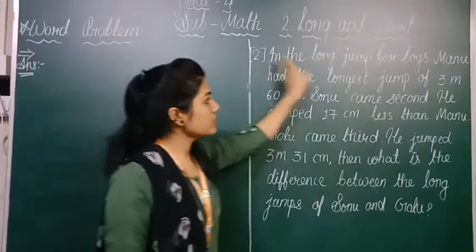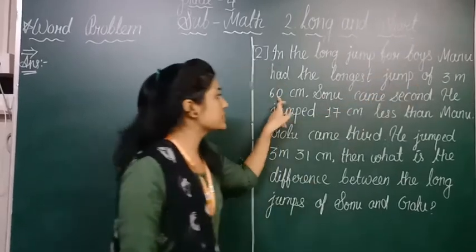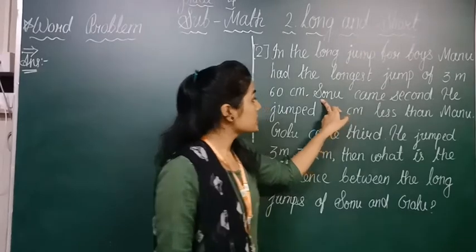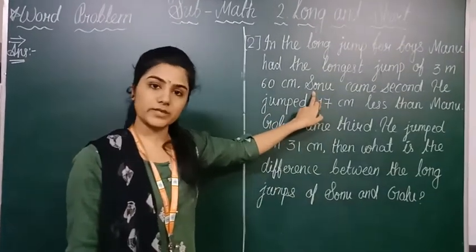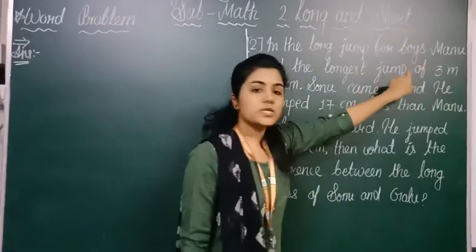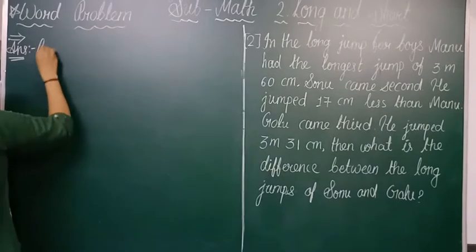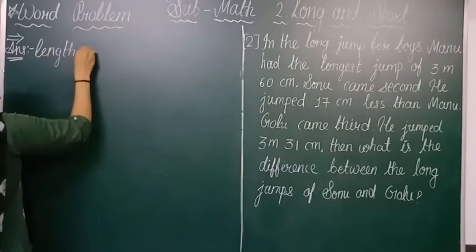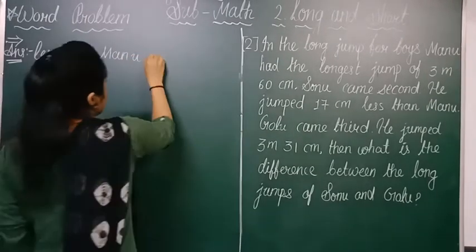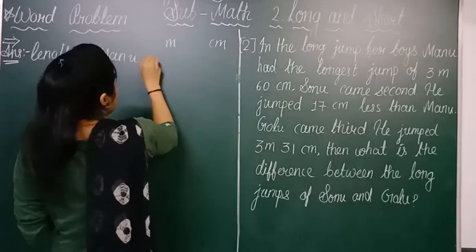Here we have the length of Manu, which is 3 meter and 60 centimeter, and we don't have Sonu's exact length, right? So we need to find the difference. We are cutting this 17 centimeter from Manu's length, right? So first we write the length of Manu in 2 units, meter and centimeter.